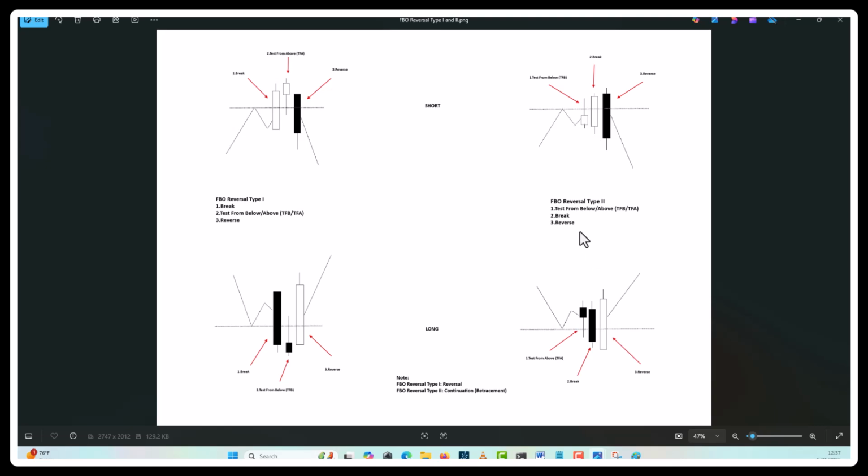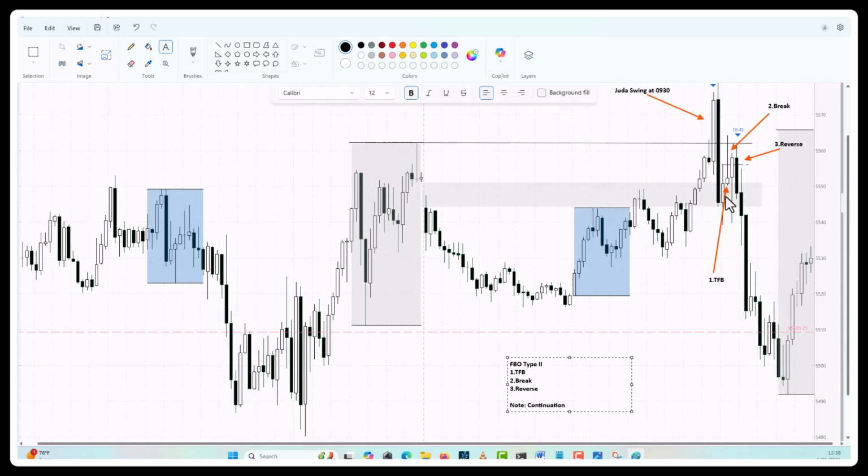Basically, it reverses in the sense that it ends the retracement and makes the second leg down, which is continuation. But type 1 is a reversal, the end of the trend. Type 2 is the end of the retracement and the continuation. So this is the retracement right here: first leg down, retracement, and then next leg down. So type 2 is continuation.